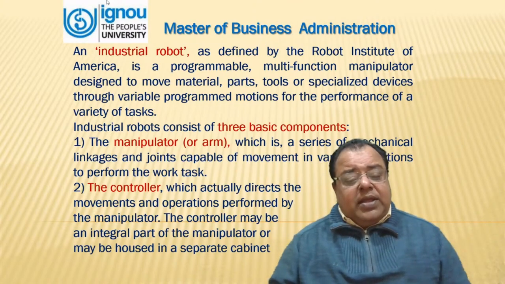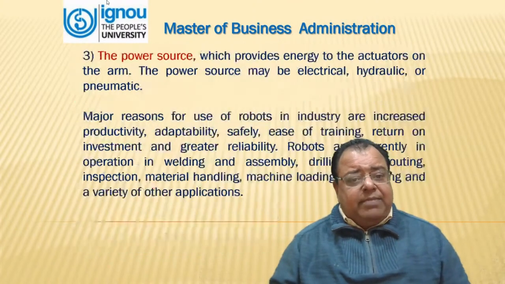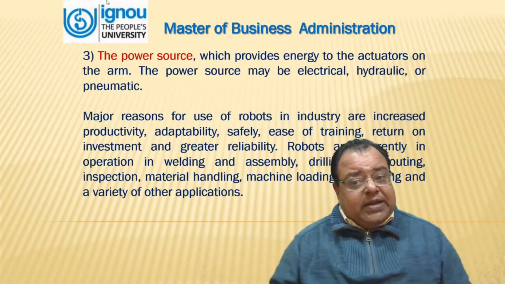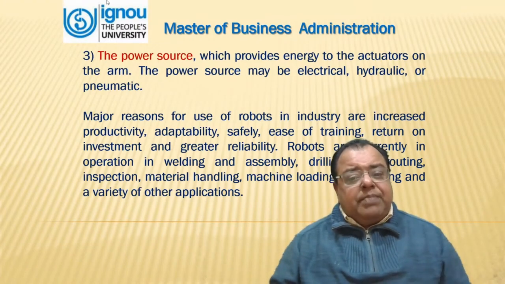The controller may be an integral part of the manipulator or may be housed in a separate cabinet. The third one is the power source, which provides energy to the actuators on the arm. The power source may be electrical, hydraulic, or pneumatic.